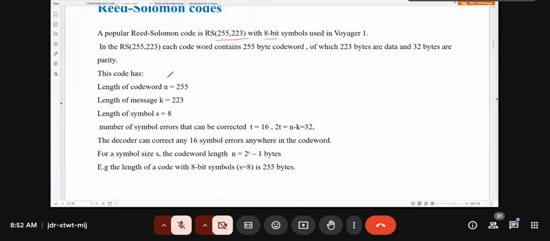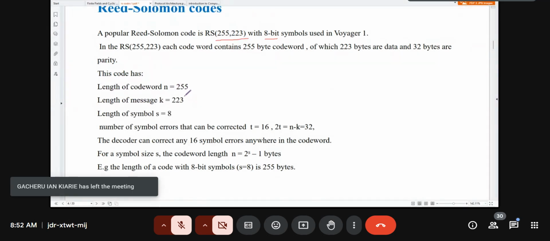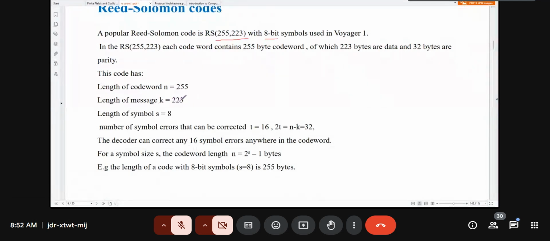So this code has a length n equal to 255, k equal to 223, and s equal to 8 in our case here.